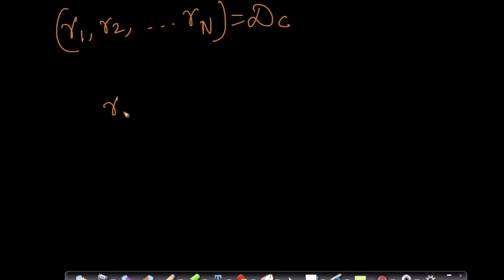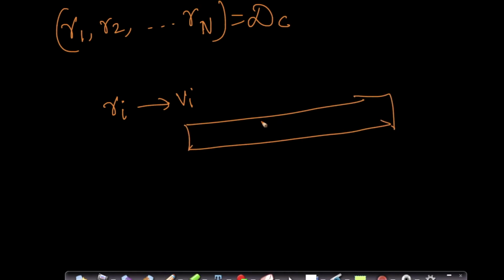Let's assume I have reviews R1, R2, Rn, and all of them form my data corpus. Now, let's assume I have a review Ri, which I want to convert into a vector Vi. This vector Vi will look like this. For this vector Vi, there will be a word Wj for whom I want to find the cell value.